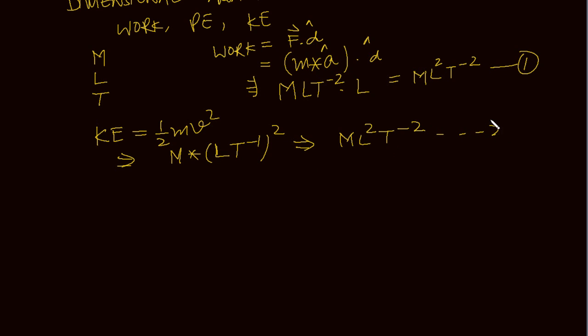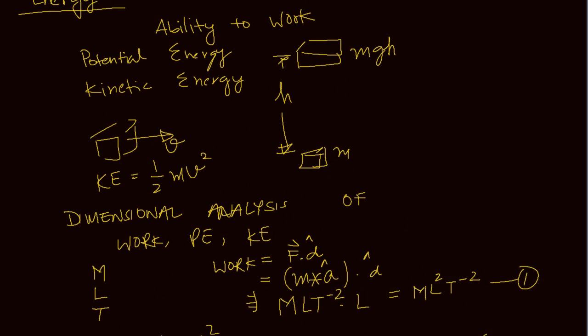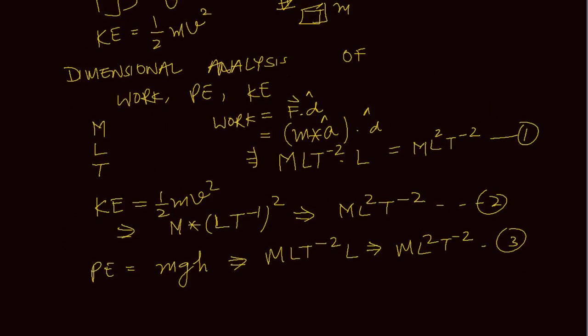So this is my second, and let's look at the example of potential energy, and we have a great example, mgh: mass, g is the same as acceleration, which is L t minus 2, h is L. So this tells us that energy and work are interchangeable. Potential and kinetic energy are interchangeable.